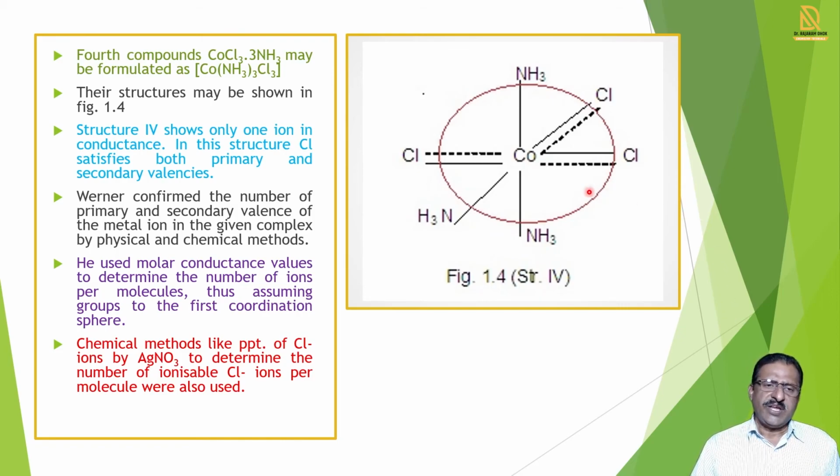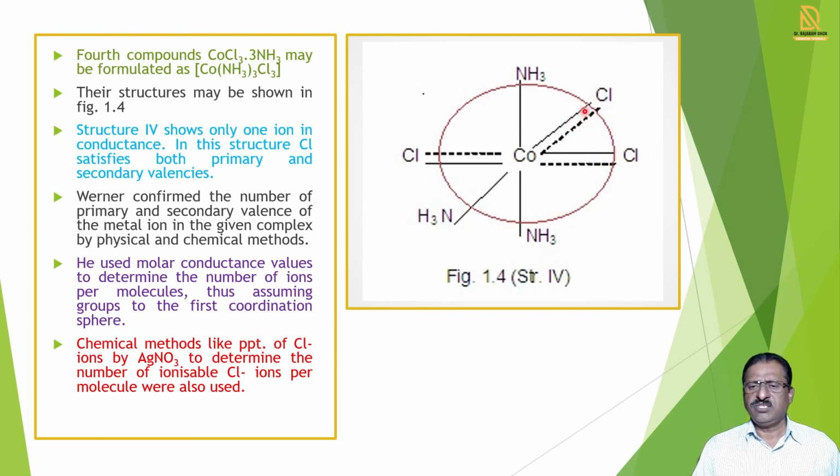Now, the next example, [Co(NH3)3Cl3]. Here we can see that both primary and secondary valency are balanced. In this example, Co is at the center, 3NH3 are present at 3 positions, and the remaining 3 Cl are also present at 3 positions.